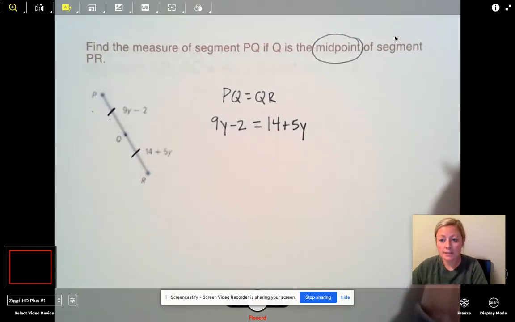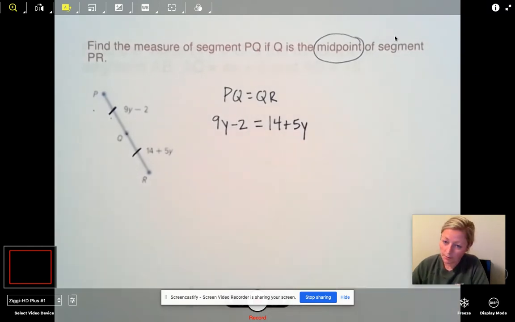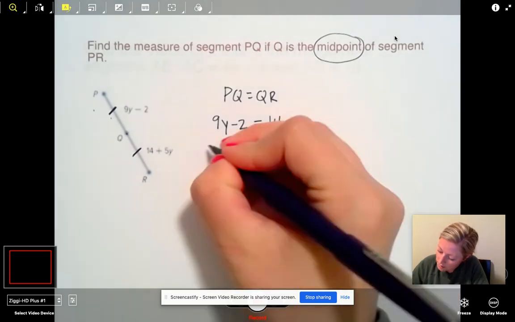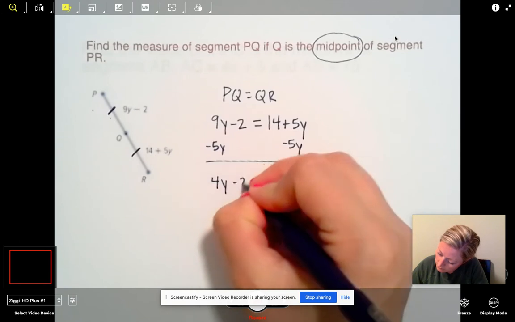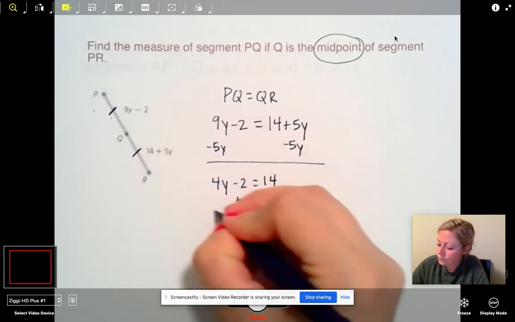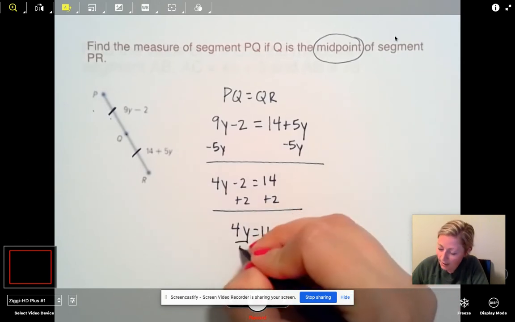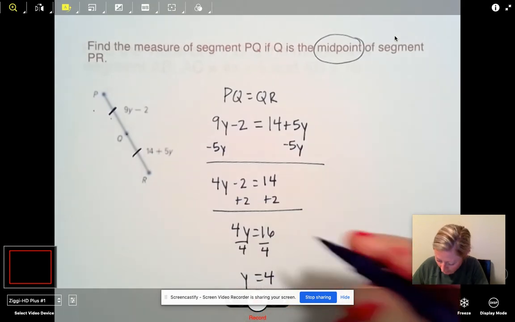And now we just have a standard linear equation that we all know how to solve. So I'm going to bring my y's to one side and my numbers to the other. So subtract 5y, add 2, divide out, and we find that y is equal to 4.